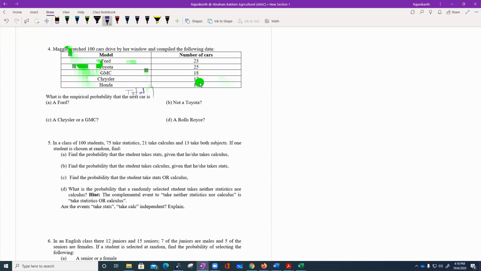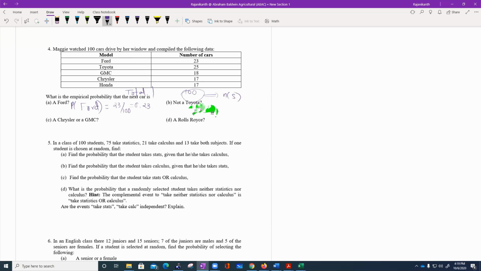So just add them. We know that should be 100, right? So you could think of this as the number of outcomes from your sample space, all the possible numbers, right? So the probability of getting Ford is simply, how many Fords are there? There are 23 out of 100. So if you want, you could write in decimal. So that is 0.23.